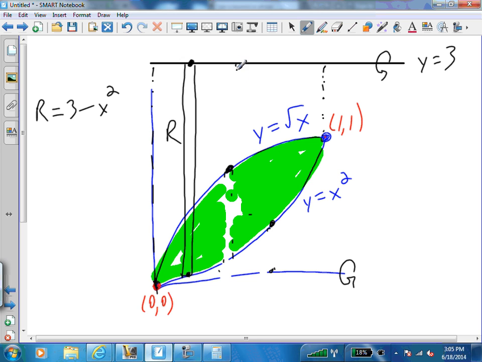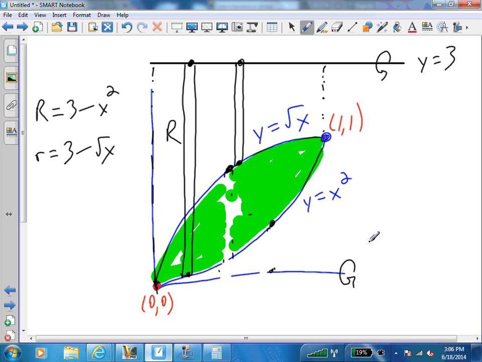So we're still taking the region bounded here. But our outside radius is from here to here. The inside is from there to there.